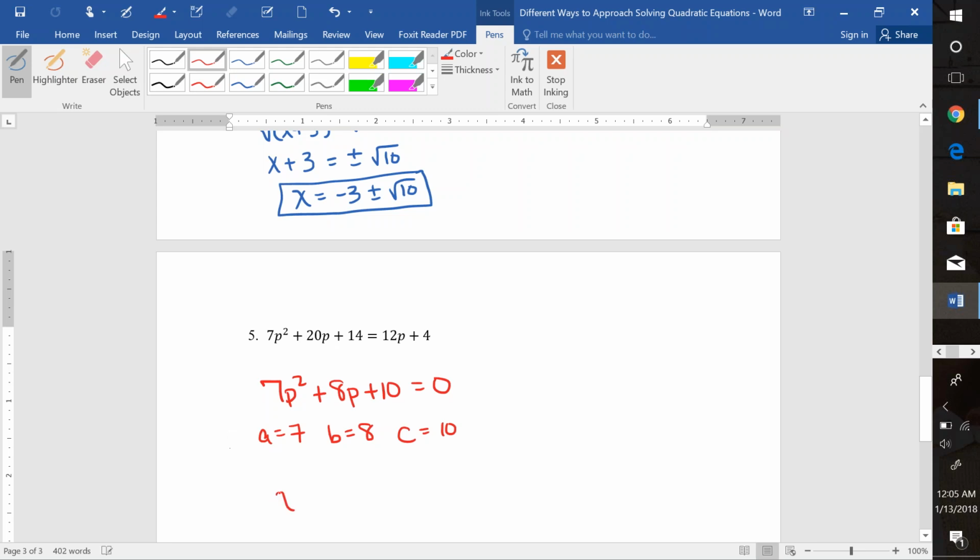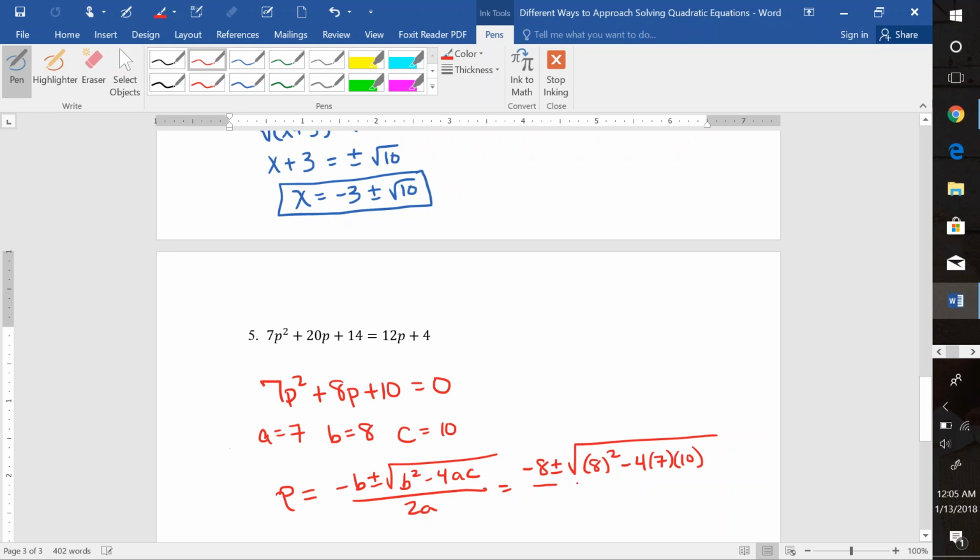So it's p equals, since this is not x, negative b plus or minus square root b squared minus 4ac all over 2a. Negative b means opposite of b, so that'd be negative 8 plus or minus square root b squared minus 4ac all over, that means this is all the way across, 2 times a. Okay, so then we work this out by order of operations.